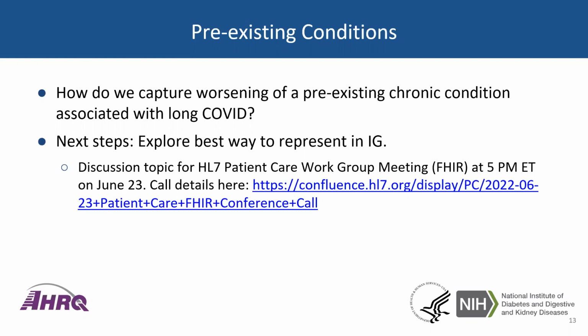Yeah, well, if I may, while he gets back, I was having the same concern. How do we distinguish the natural history of disease and how a particular organ system deteriorates over time versus long COVID, and the metrics will be different depending on what the pre-existing condition is.